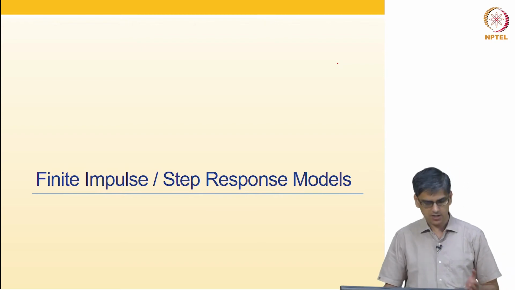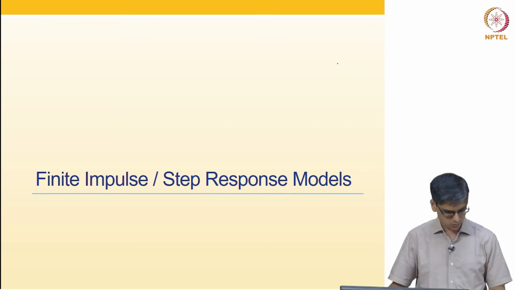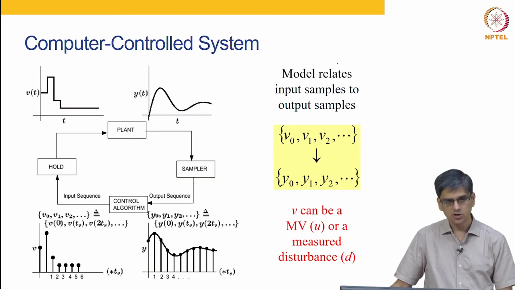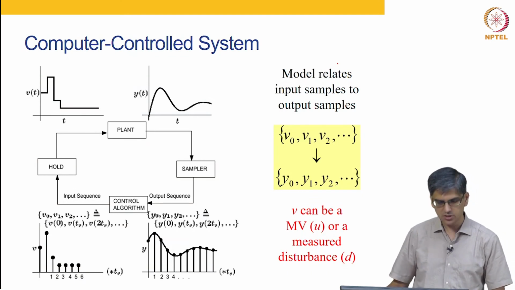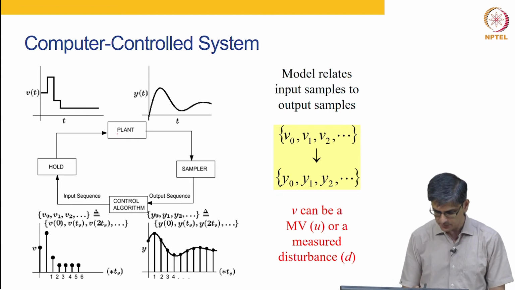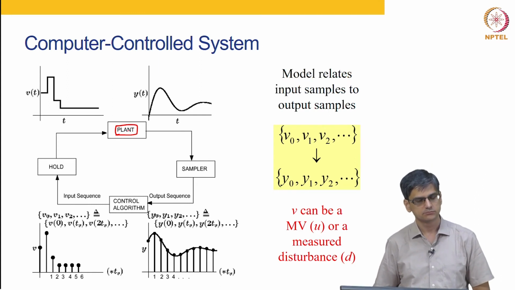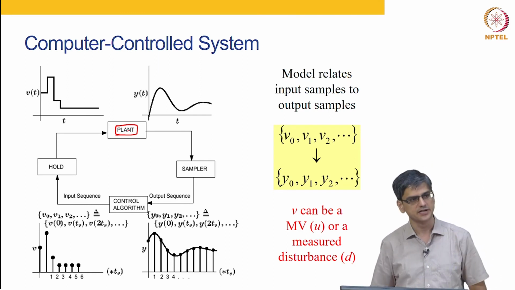So, with that background, let us now go to what finite impulse and step response models are going to look like. So, this is a computer controlled system. The plant, the actual plant, let us say this was for example your stirred tank heater.